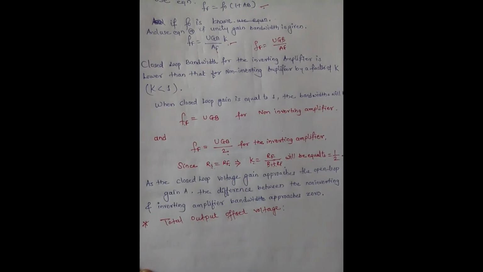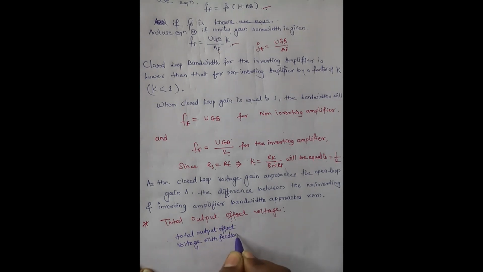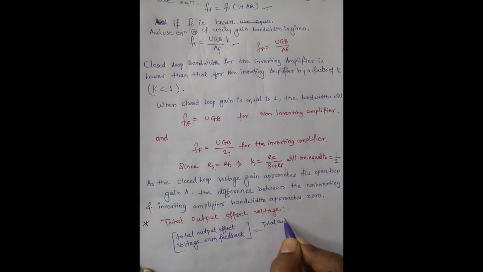How we have defined it: total output offset voltage with feedback is equal to total output offset voltage without feedback divided by 1 plus AB.